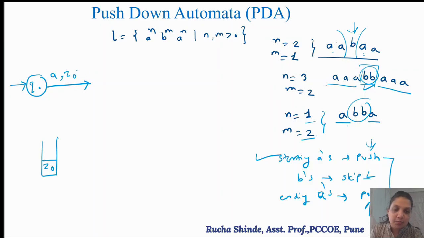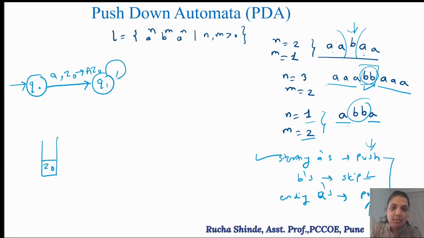So whenever we are performing a push operation, how can we write it? Capital A Z0. So I am assuming capital A as a stack alphabet. This will be your next state, Q1. Now after the first occurrence of a, we can have any number of a's later on, so it will be a closure.